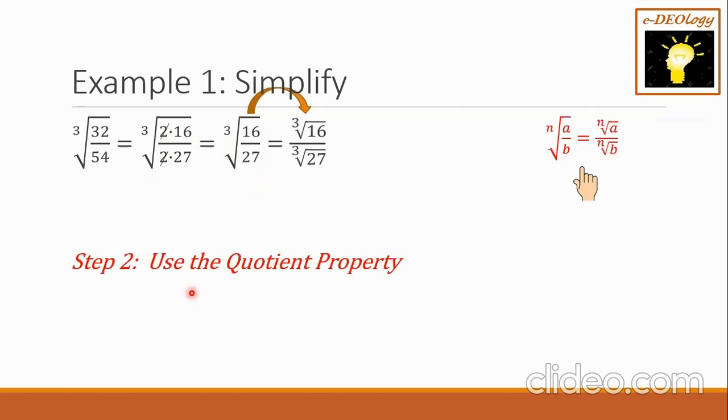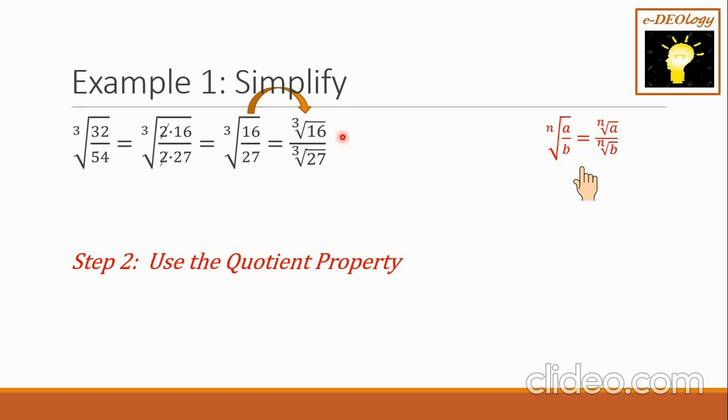We will now go to step 2, where we use the quotient property. It means we distribute the radical sign to the numerator and the denominator. So we have the cube root of 16 and the cube root of 27 in the denominator.